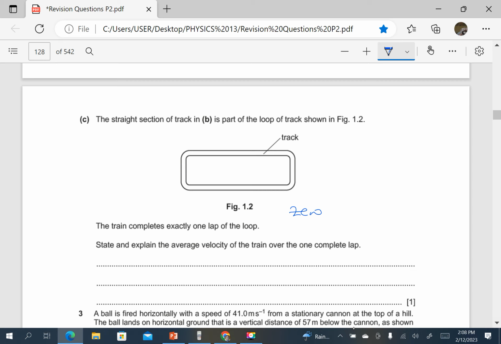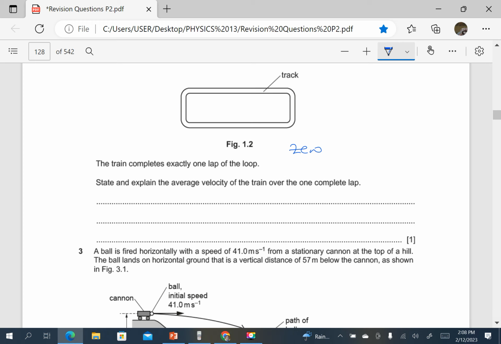And velocity is the rate of change of displacement. Since the change in displacement is 0, since we are coming back to the same point, then it means the velocity is going to be 0. So we simply say displacement is 0, so the average velocity is 0.